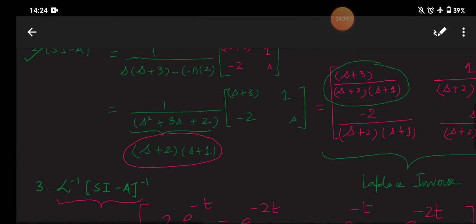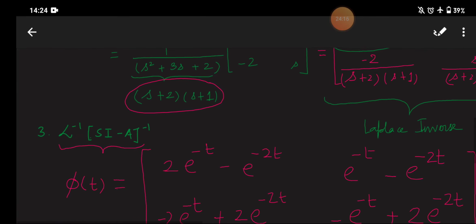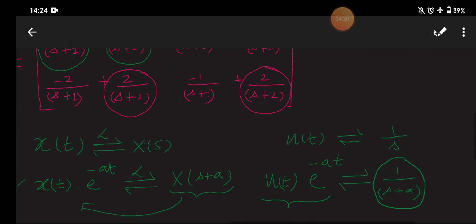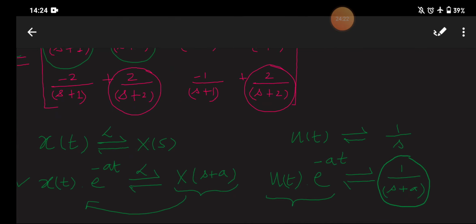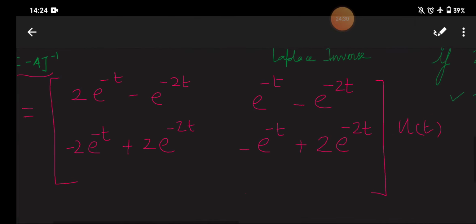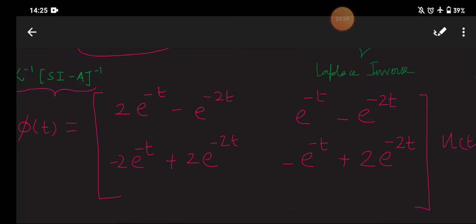Next we will see the Laplace inverse. After doing the inverse for this matrix using these two Laplace inverse formulas, for each term we have calculated the Laplace inverse separately, and we have put them into a matrix form over here. So this will give us our phi(t), which is the state transition matrix.